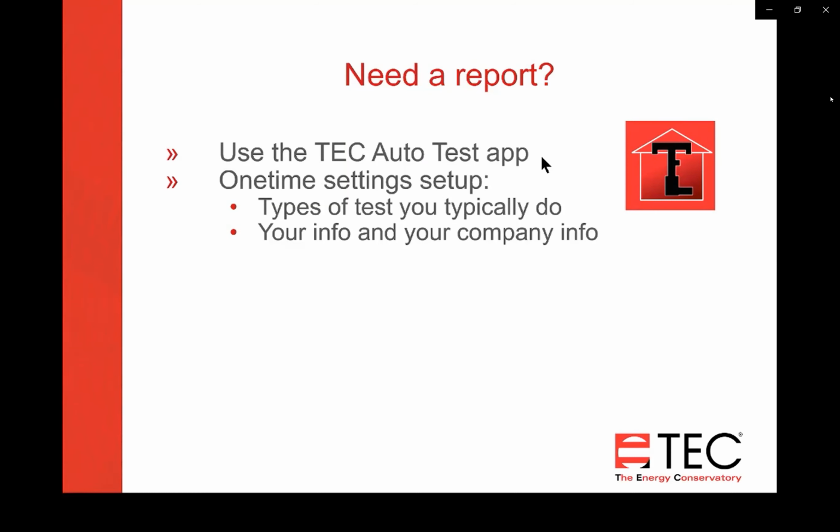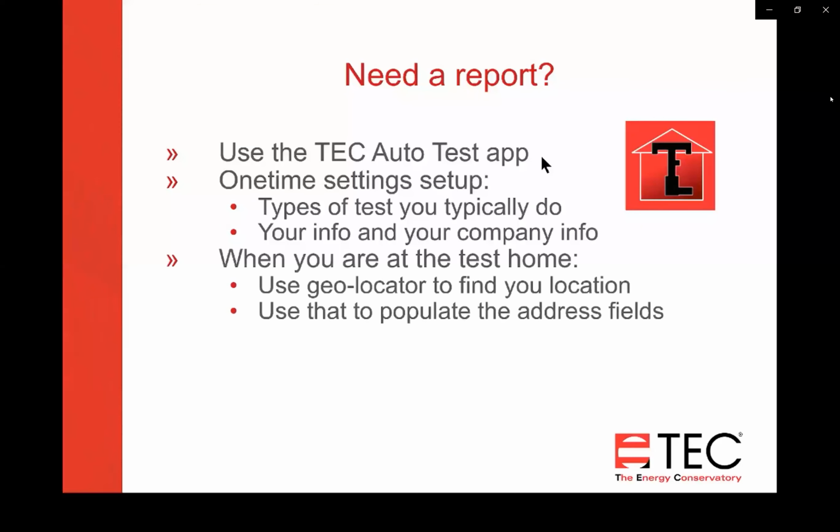And in the one-time settings, you'll put in all of your information and any certifications you have and your company info. Once you enter that in once, it's in there. And then when you go to the home, you can use the geolocator in the software to create a geotag. So the report will include a geotag of where you were and what time you did the test.